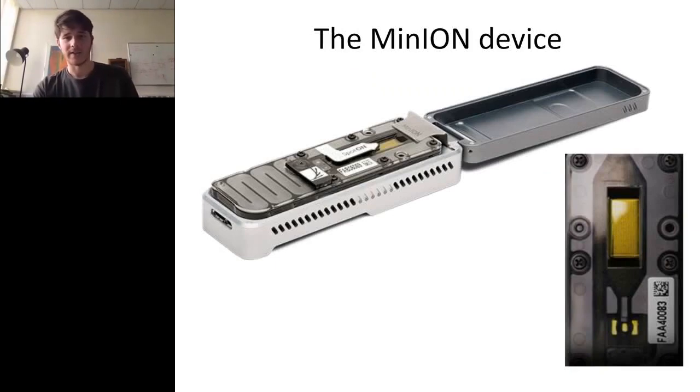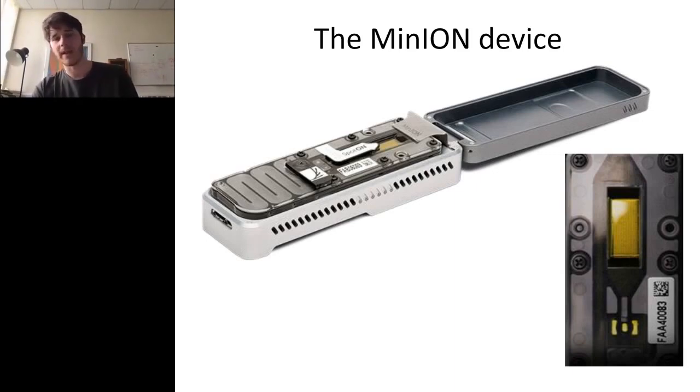So the device itself, this is the product. It's a small hinged device with the main stuff going on in this disposable, single-use flow cell. This is the top part here.